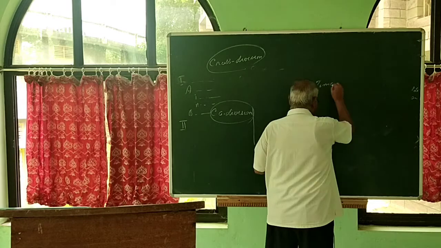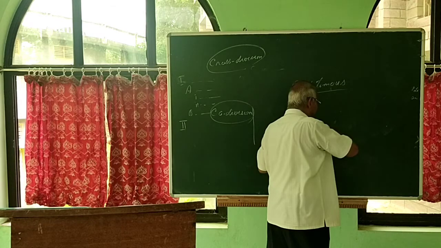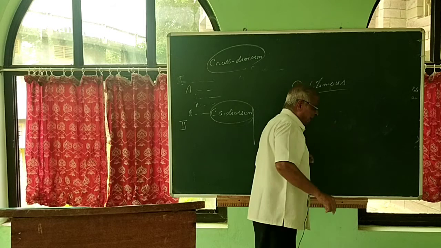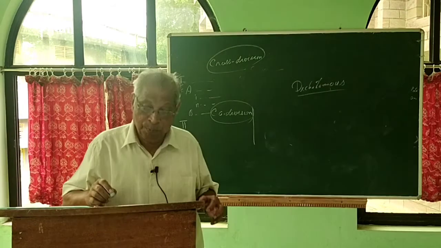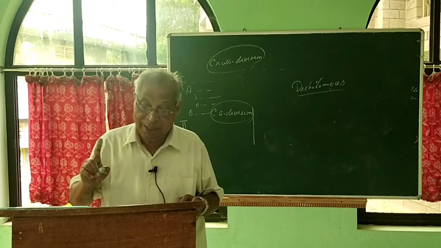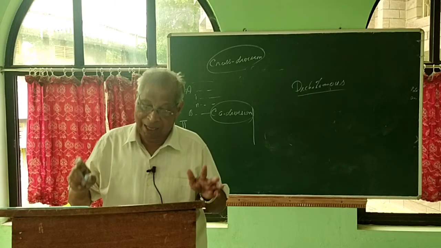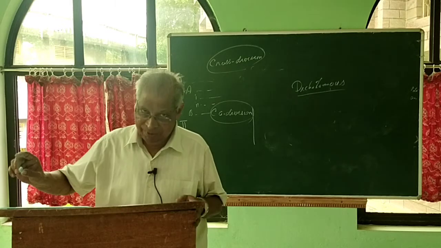Dichotomous, D-I-C-H-O-T-O-M-O-U-S. So dichotomous division or division by dichotomy, they mean the same. Then what is that? It is the process of splitting the genus, that means a class, into subclasses or species.